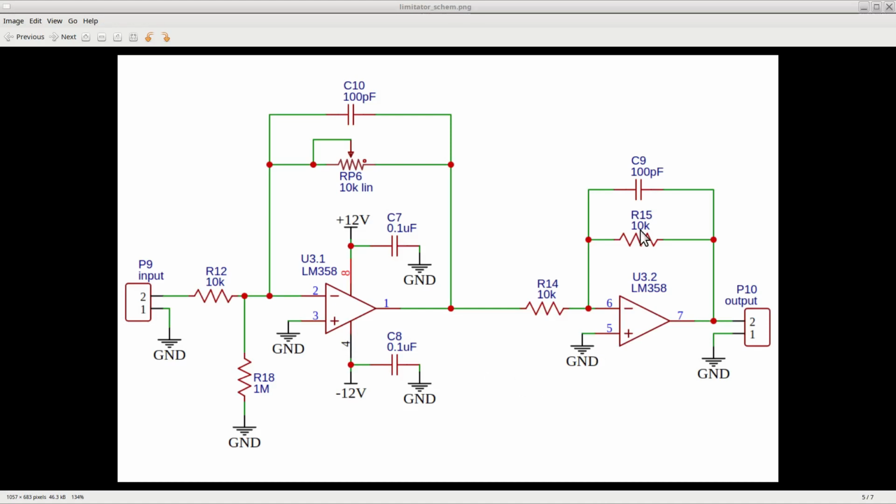The two capacitors C9 and C10 are used to prevent oscillations at high frequencies by creating a negative feedback that cancels them entirely. To use this circuit, we just need to input a signal, set the desired limiting factor with the potentiometer, and extract the output at pin 7 of the LM358. Let's now test this circuit in the lab to verify that it works as expected.